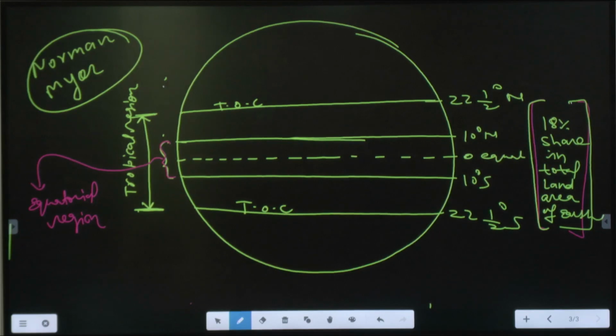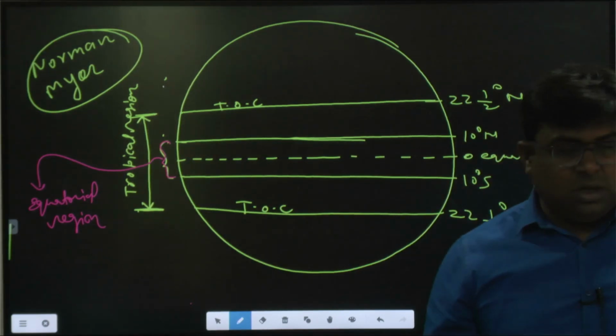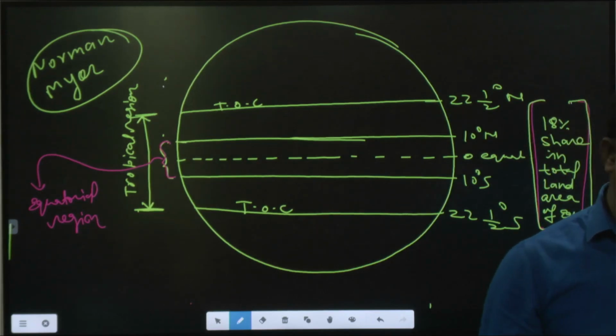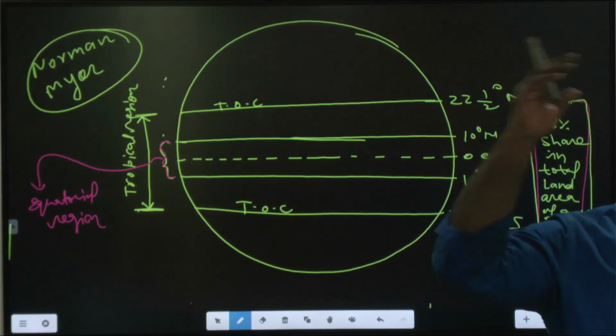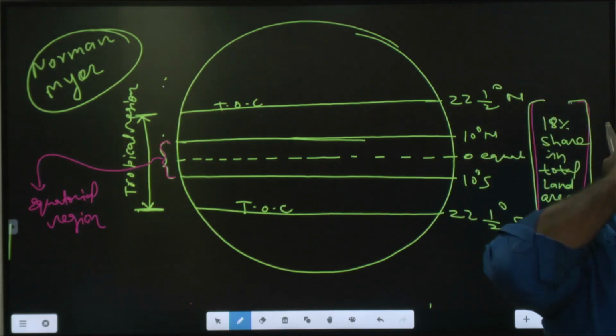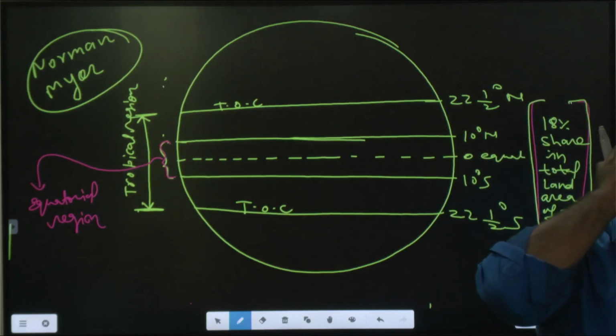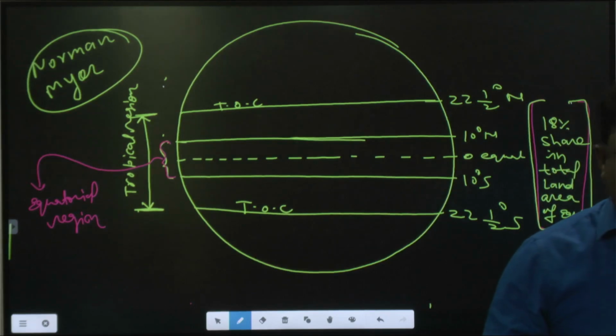First, at least 1500 species of vascular plant, V-A-S-C-U-L-A-R. Vascular plant means what? Plants which consist xylem and phloem, right? And naturally all conventional plants are vascular plants.